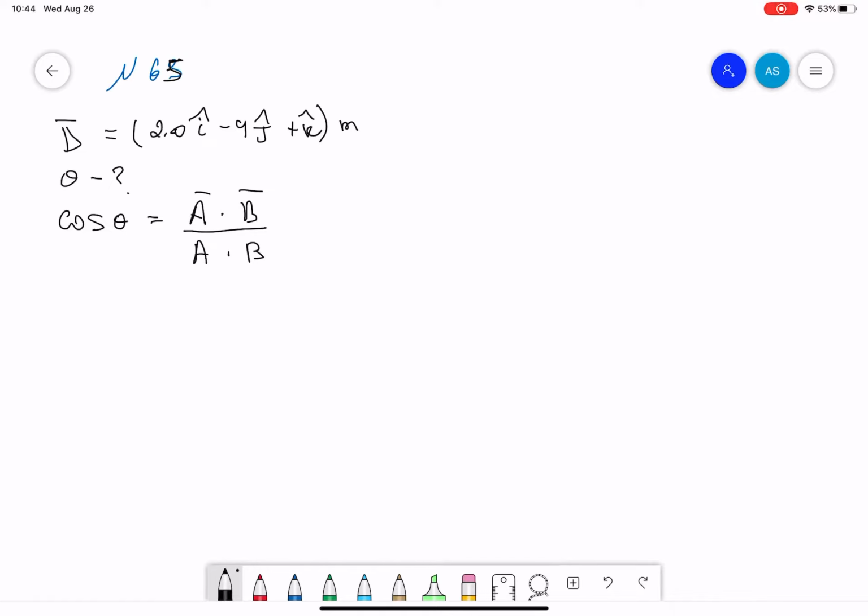Okay, now I'm going to solve only part a. What angle does it make with the x-axis? If you try to imagine, suppose all the i, j, and k vectors are positive, then the image will look like this. Suppose this is our x, this is our y, and this is our z.